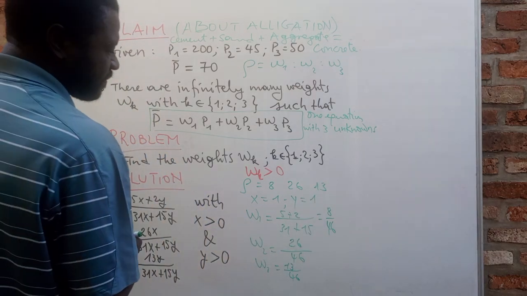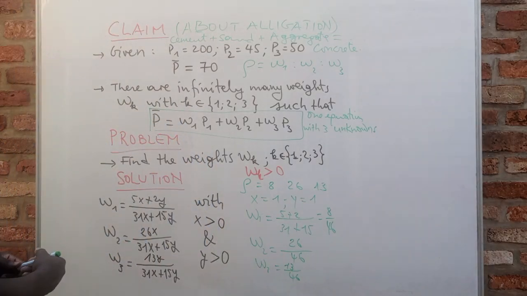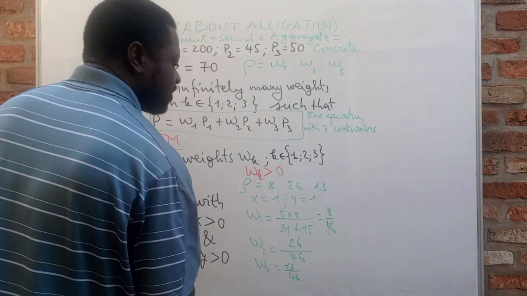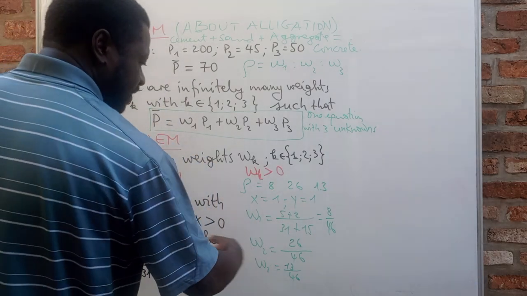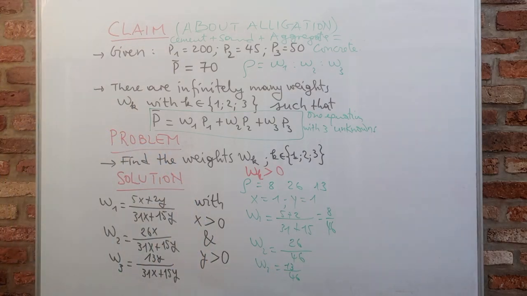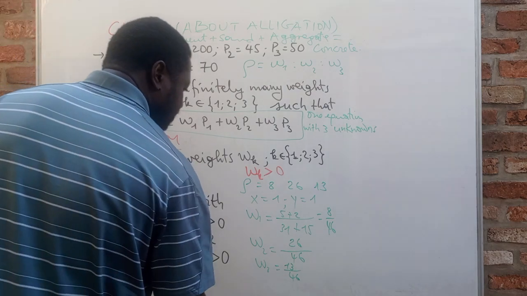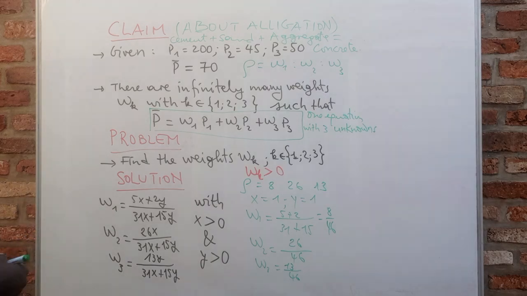Upon simplification, division by 2 is not possible, and by 13 is not possible. So I can get this ratio, no problem: 8, 26, 13 in this case. So now we can have so many ratios.